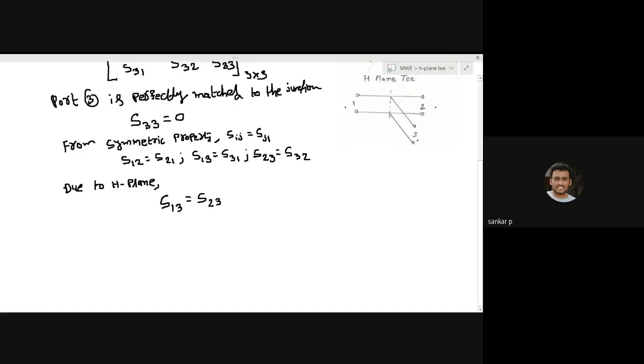For the E plane we wrote S13 equal to minus S23, but here it is S13 equal to S23.